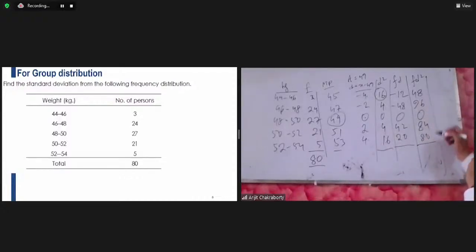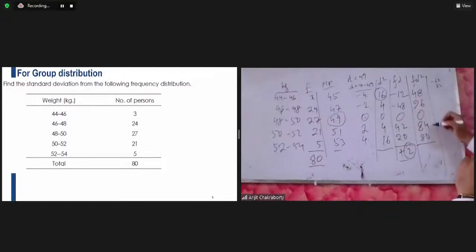Now we only need to add up. On this side we have 48 and 12, that is minus 60. On the positive side we have 62, I think. So we are getting plus 2 here. Total sigma FD is coming to 2.